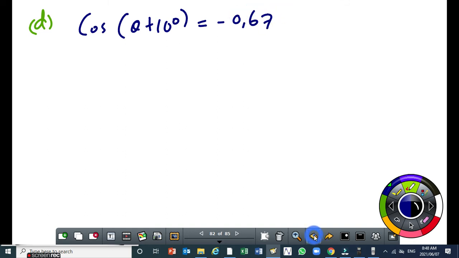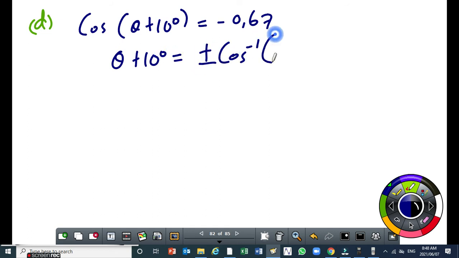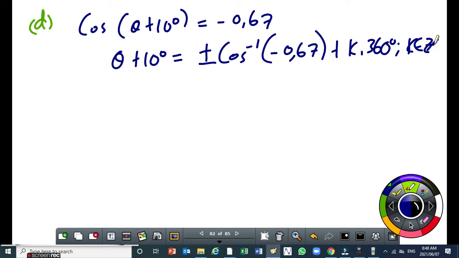That's a ratio, right? Now, this one here, you just take the cos, you don't touch the theta plus 10 degrees. So it becomes theta plus 10 degrees is equal to plus or minus shift cosine of minus 0.67, plus k times 360, where k is an element of integers.